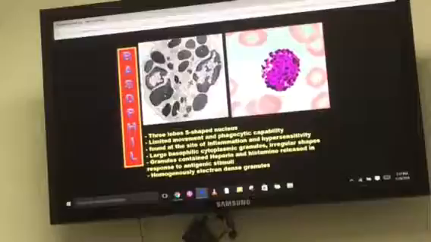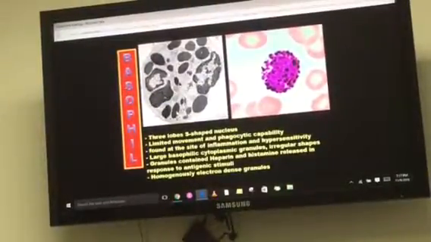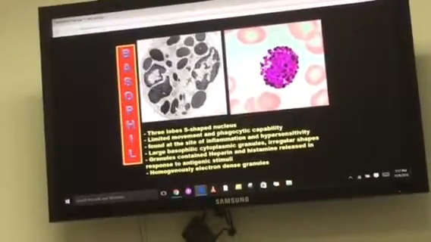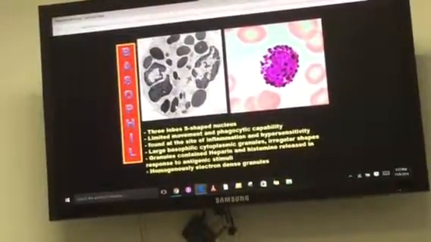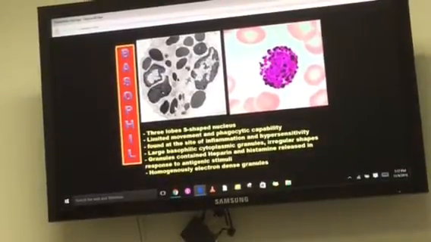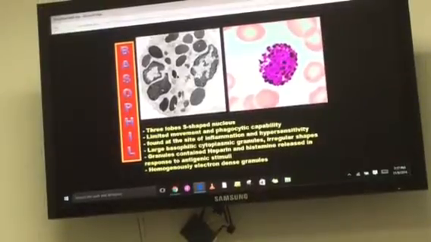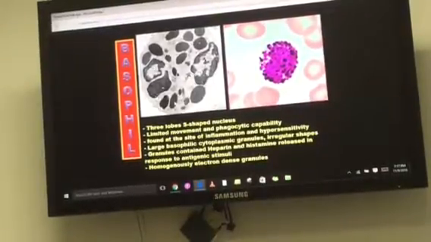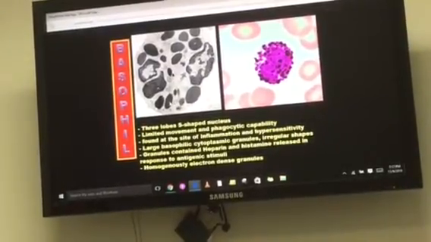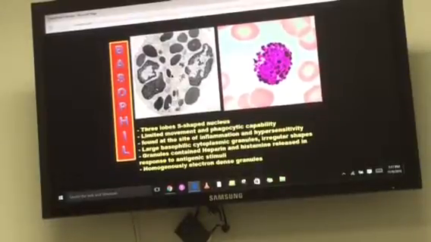And there's basophils. It has 3 lobes, and it looks like an S shape. Its nucleus, he was saying that there are 3 lobes you can't see because it's covered by something. It has limited movement and phagocyte capability, found at the site of inflammation and hypersensitivity.